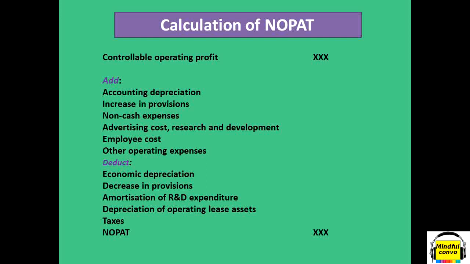What's the difference between controllable and uncontrollable? If we talk from the perspective of a division, there are some expenses which could be controlled by a division, but expenses are bifurcated into two parts, the head office and the division.